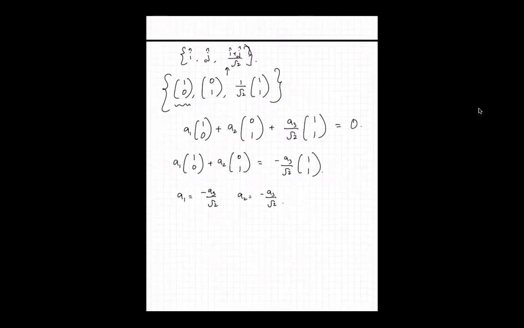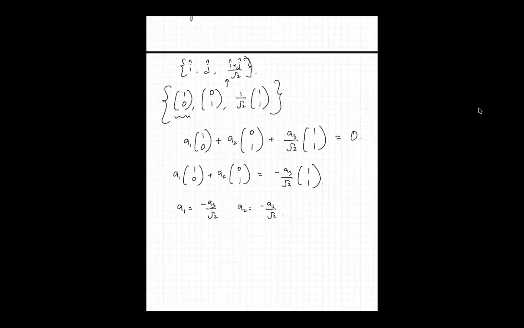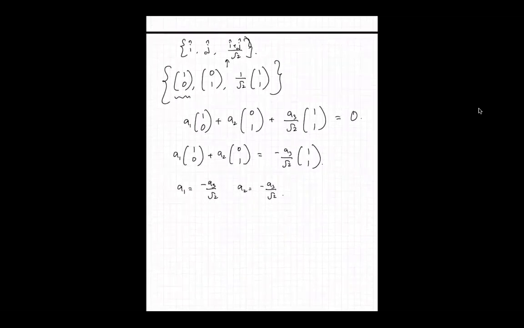So since there is a solution for this equation where I can express a1 and a2 in terms of a3, a3 is unnecessary. I might as well throw away a3, or equivalently, I can throw away the last vector, (i plus j) over root 2. Okay, so this is the notion of linear independence in a very simple setting.